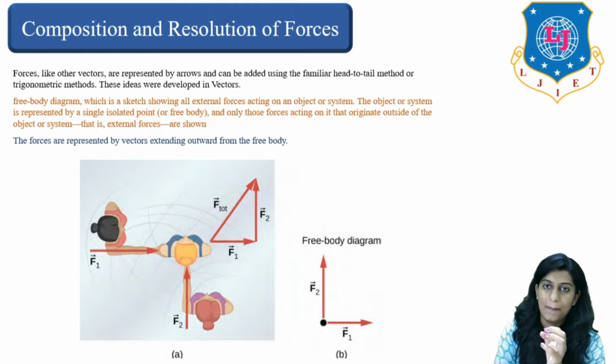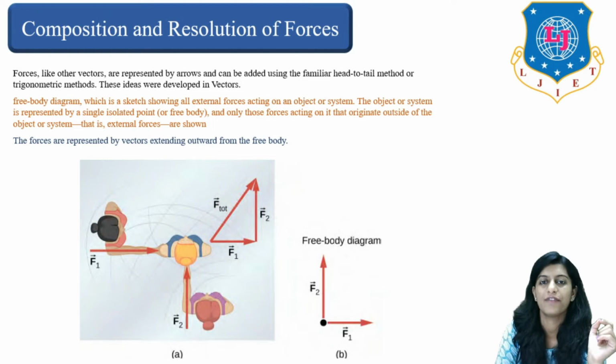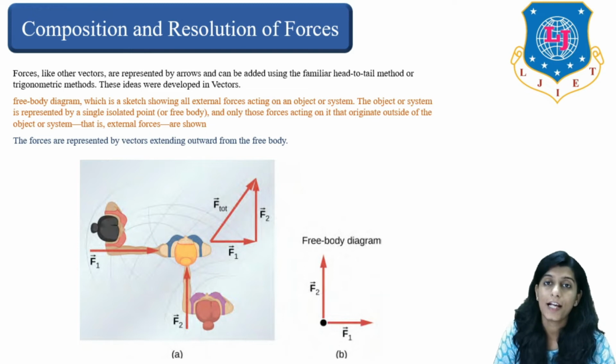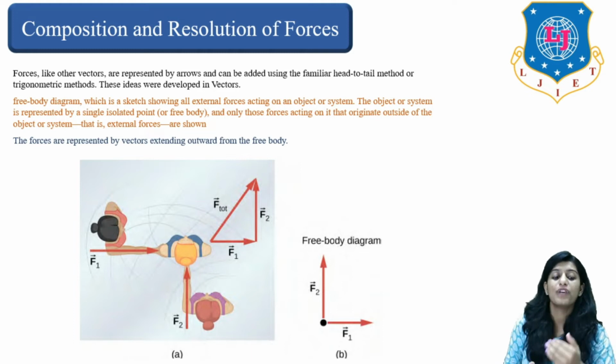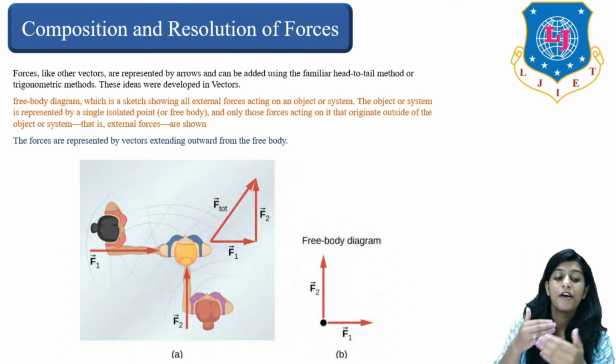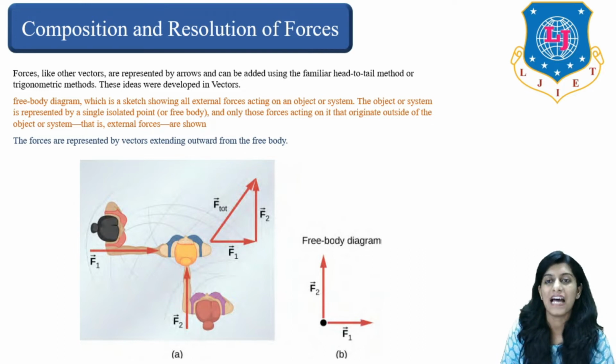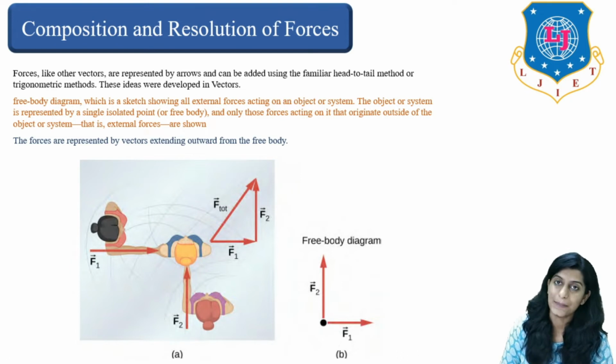A free body diagram is used to represent various forces associated with the given body. So basically a free body diagram is a sketch which will show all external forces acting on that particular body or system. So what is a free body diagram? A free body diagram is basically a sketch which will show all the external forces which are associated with that particular object or system.